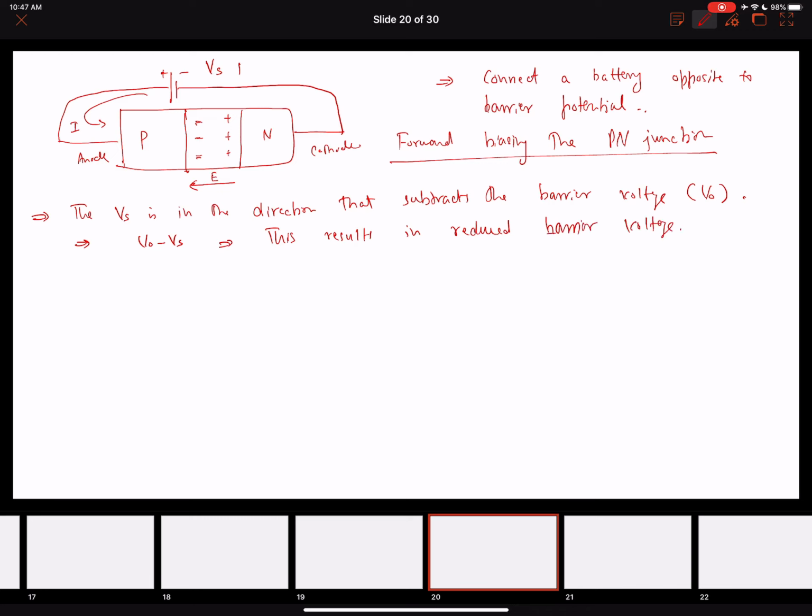As we increase Vs, we start to decrease the barrier voltage. Now, as Vs approaches V0, the barrier voltage reduces to negligibly small, and the PN junction starts to conduct.